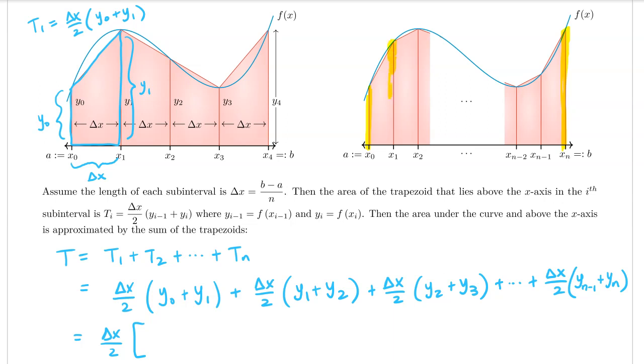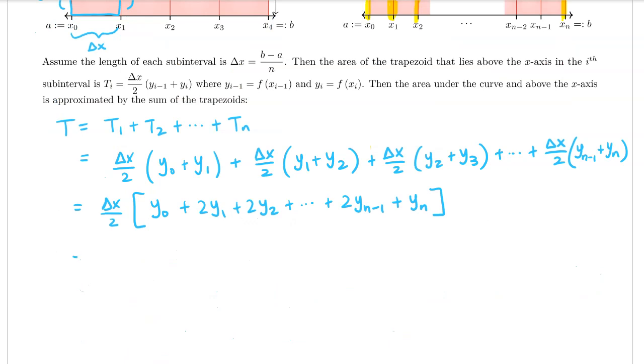But the next height and every one after that is shared by two different trapezoids because they're not at the very ends. So when I'm writing out my summation, I'm going to have y sub 0, and then every other y value except for the last one is going to have a duplicate. So I'm going to have plus 2 y sub 1 plus 2 y sub 2 plus dot dot dot plus 2 y sub n minus 1 plus y sub n.